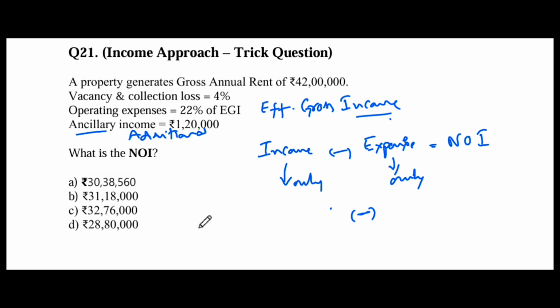Gross annual rent is 42 lakhs initially, right? So in this we have to deduct the collection loss. Don't go for expenses right now. So deduct 4% out of it. He has given vacancy and collection loss.